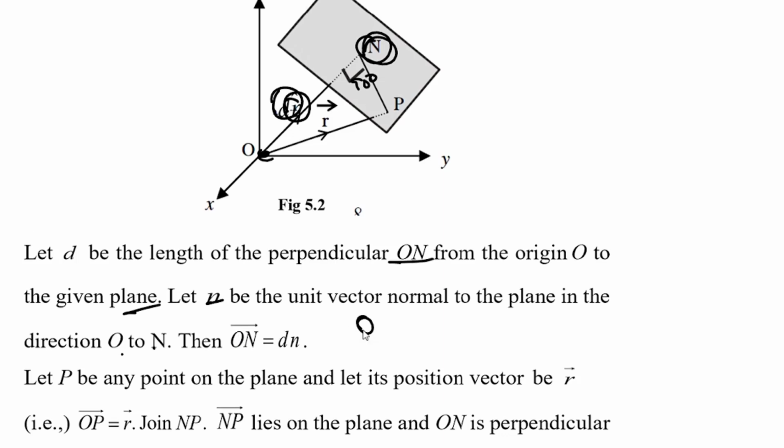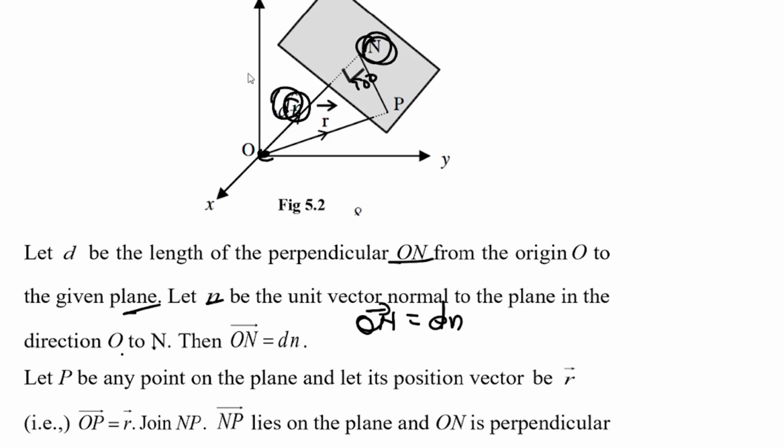then we are saying that our ON is equal to Dn. D is the length of the perpendicular from the origin to the plane, and n is a unit vector normal, also in the direction of the perpendicular vector to the plane.